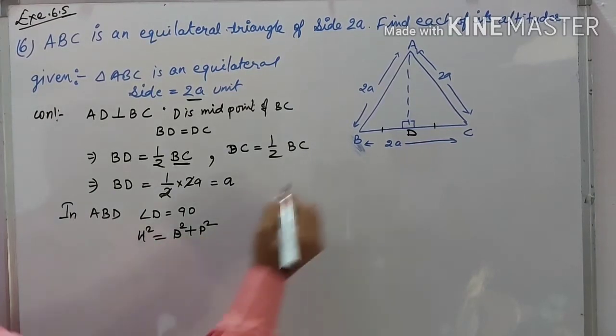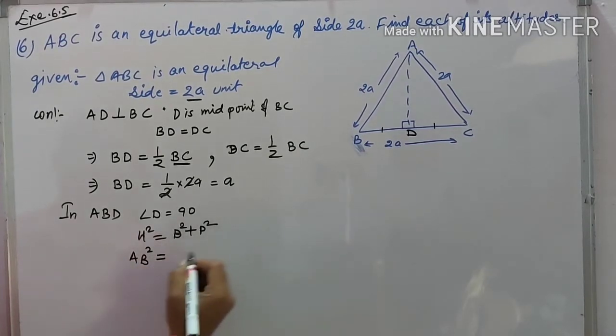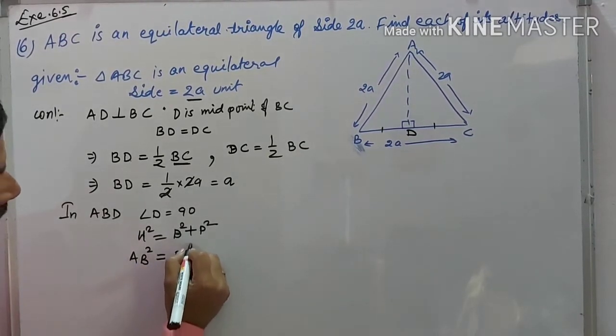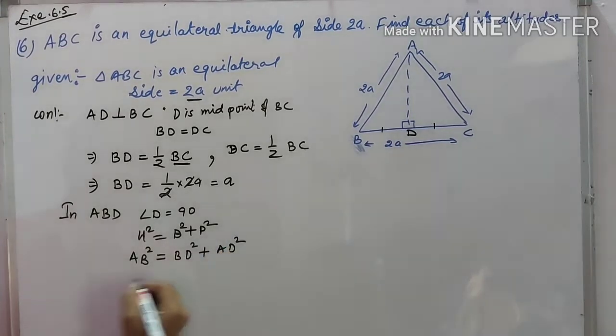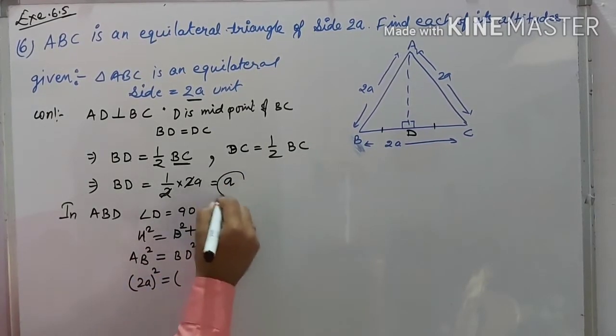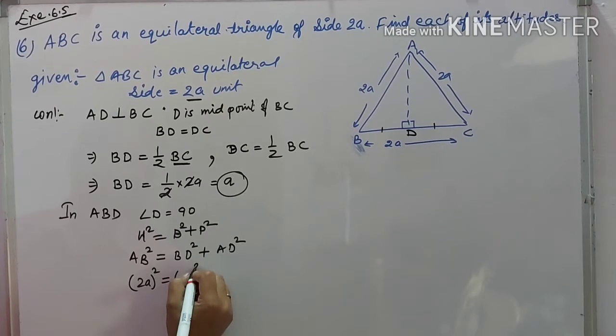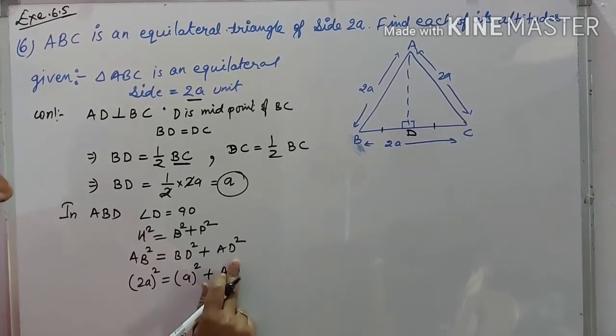H is AB, so AB square is equal to base BD square plus perpendicular AD square. Now put the values: AB is 2A square, BD is A square, plus AD square.